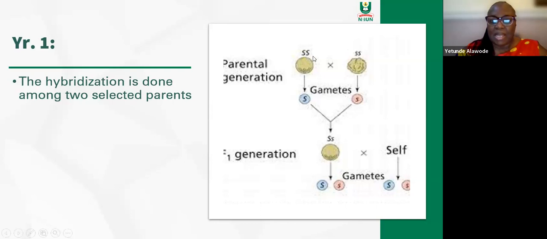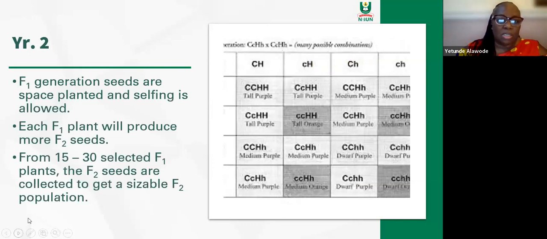This is capital S. This is small s. You get a gamete, capital S and small s. This is a hybrid. You then go on to the second year. You get the seeds. When you self them, you get the seeds, and you produce F2 seeds.